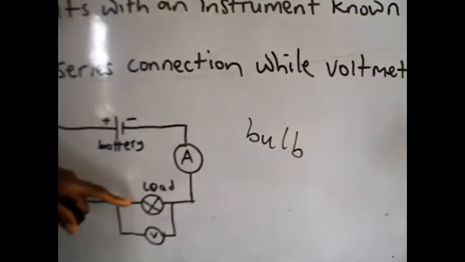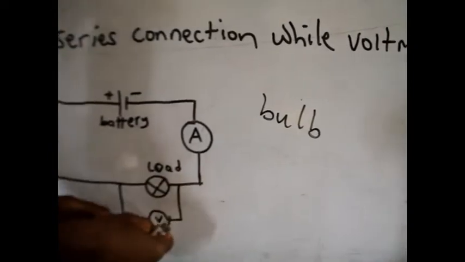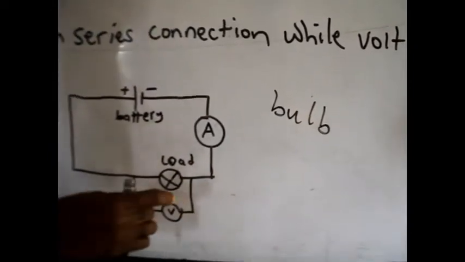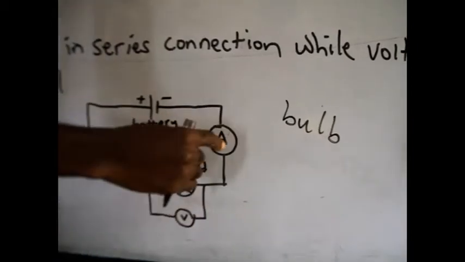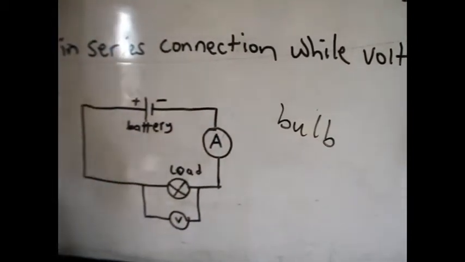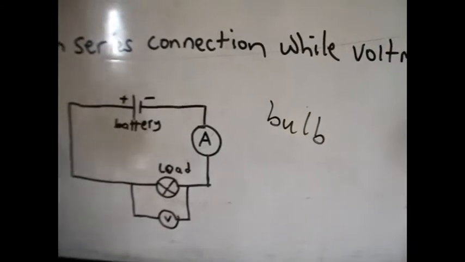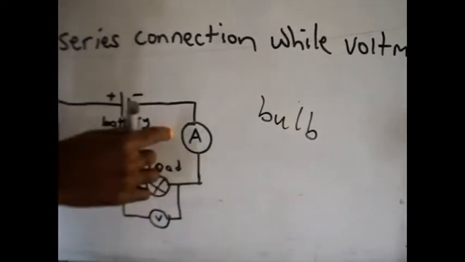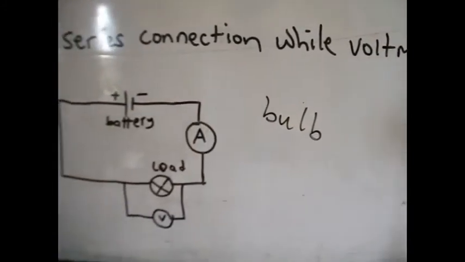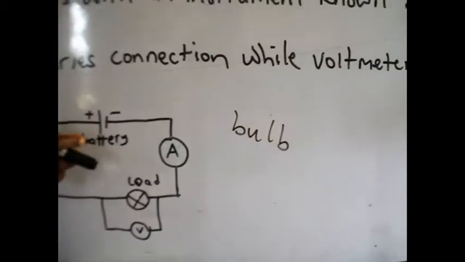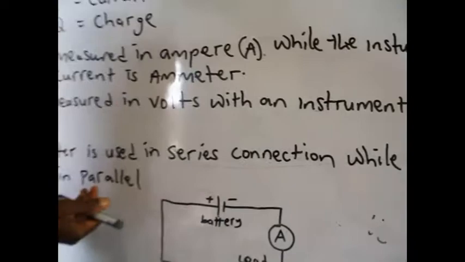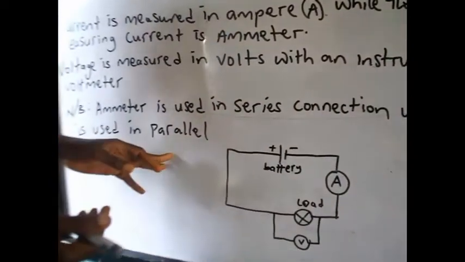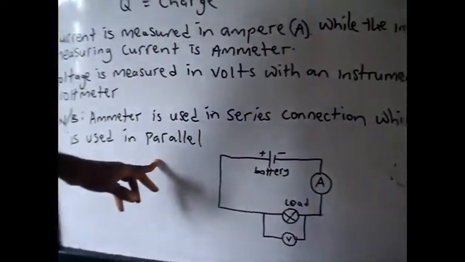So this is our bulb, and this is our voltmeter that is used to measure the voltage across this bulb, while our ammeter is used in measuring the current that will flow into the circuit.